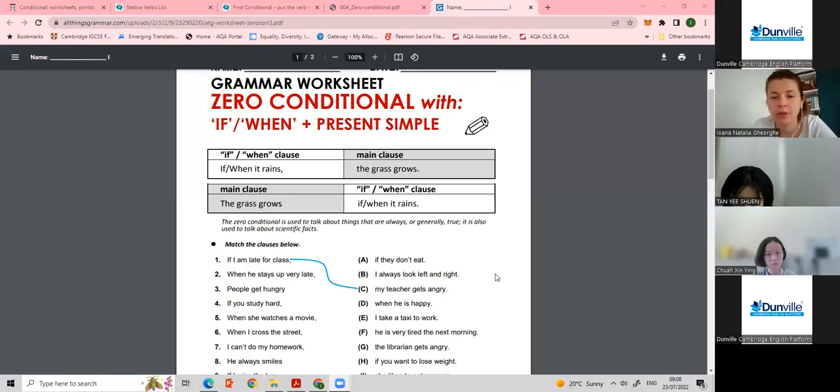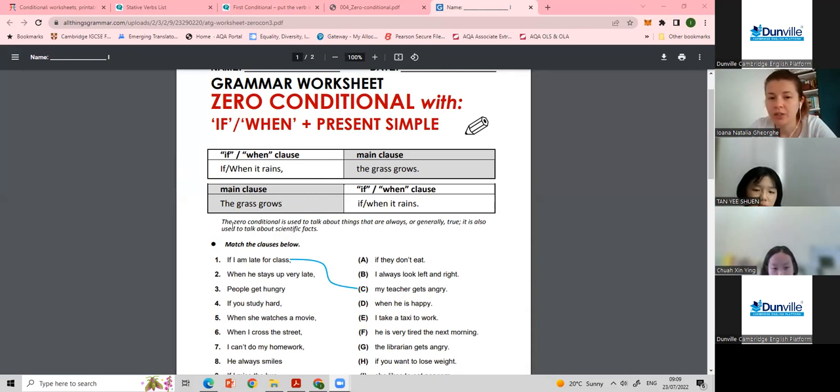Okay, so zero conditional. As I said, we have if or when in the clause and the present tense, and then in the main clause you have a present tense. If it rains, the grass grows. Or if you want to switch them around, the grass grows if or when it rains.